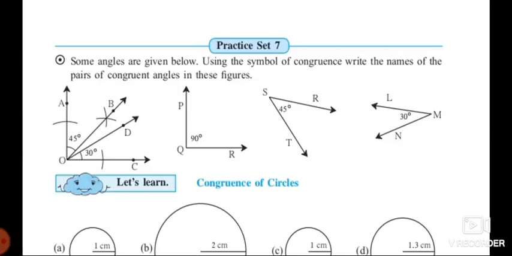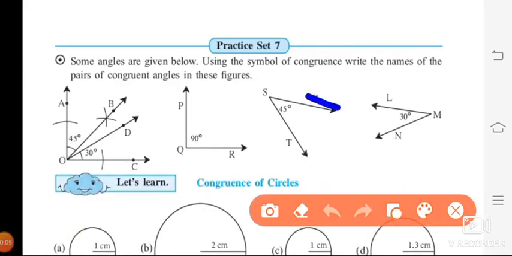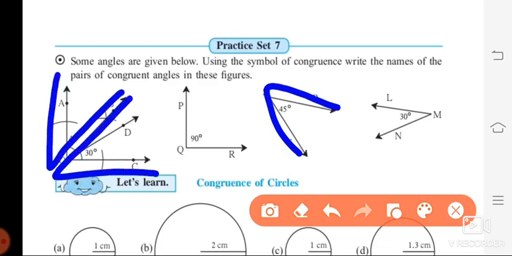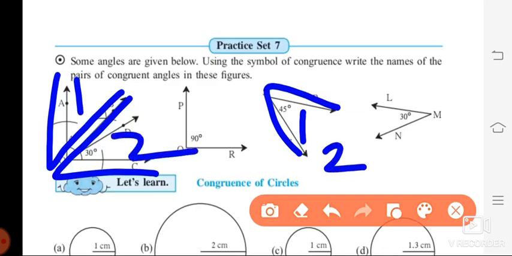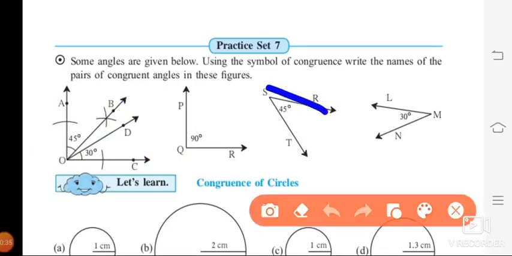Let us now find the further pairs of congruent angles. So see, the next angle they have given you is angle RST. Yes, is it of 45 degrees? So we have other 2 angles which are 45 degrees, that is angle AOB and angle BOC. So first we will write this angle equal to this one, and then we will write again this angle equal to this one. Okay, so see how to write. First one, angle RST congruent to angle AOB.